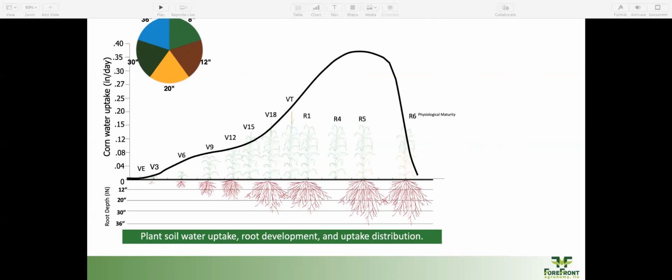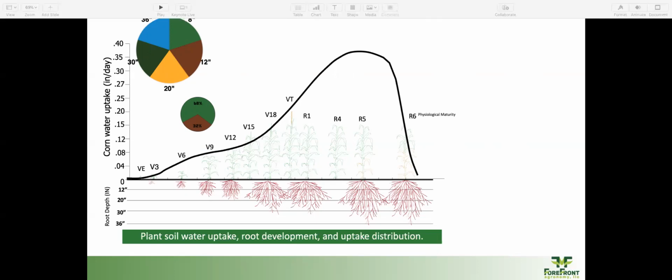And there's lots of opportunity on the early side of the growing season to take what moisture we've got available, let those roots go and explore, and grow and build as need be.